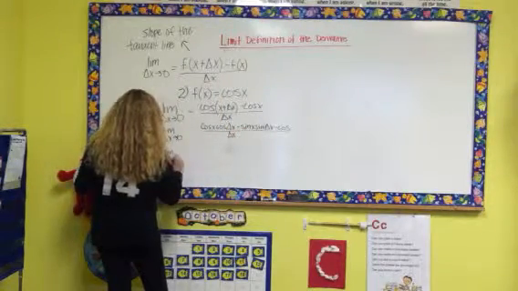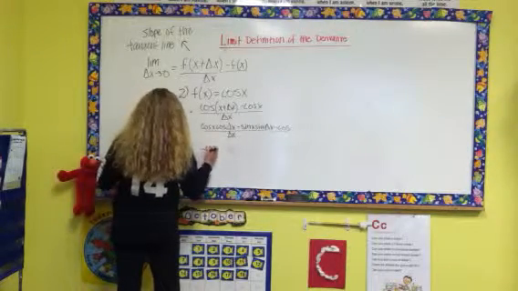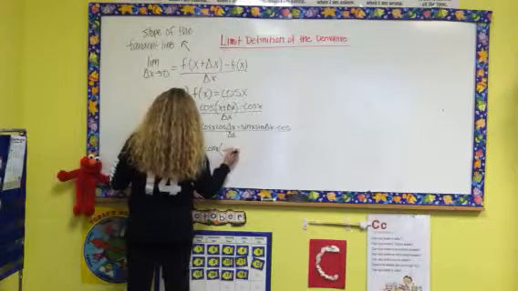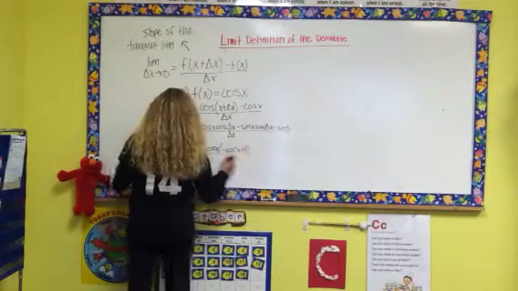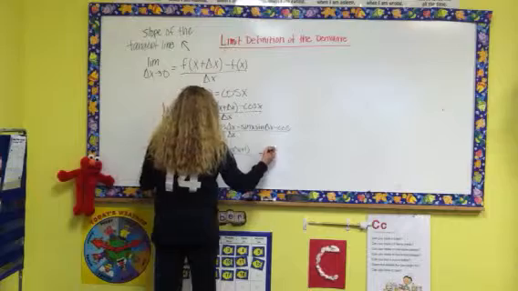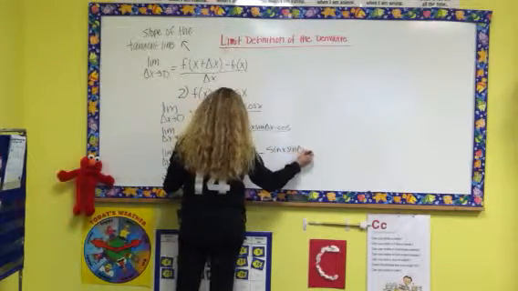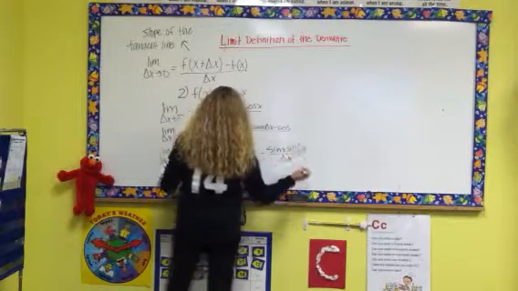Then we can split this up into negative cosine x times negative cosine delta x plus 1 over delta x minus sine x sine delta x over delta x.